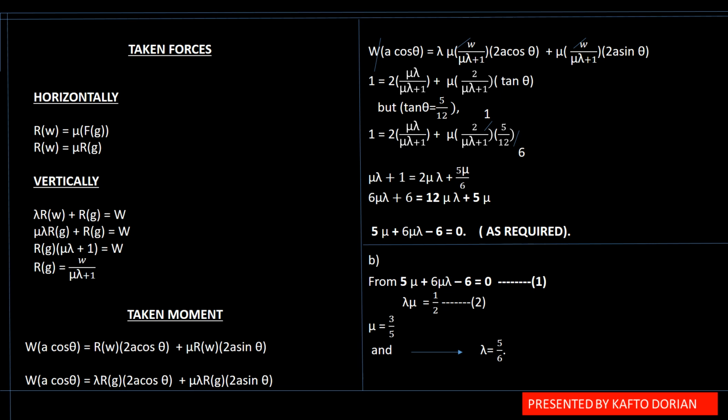Whereas from substituting R, the normal reaction force of the wall is given as mu, the normal reaction force of the ground. I just substituted it, still the same thing here.